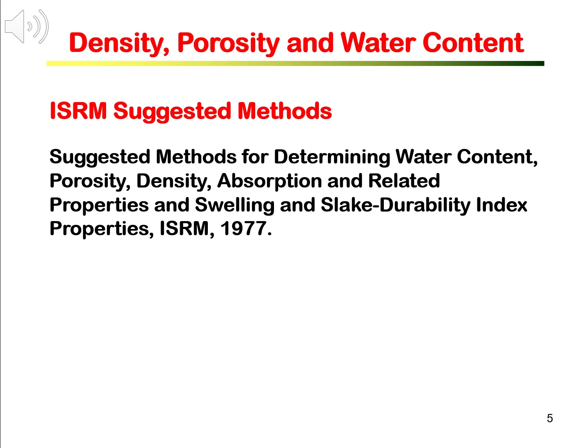For measurements of rock material density, porosity, and water content, we will use the ISRM suggested method for determining water content, porosity, density, absorption, and related properties, and the swelling and the slake durability index properties as the reference.